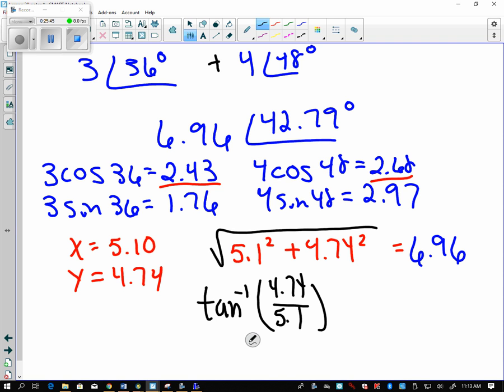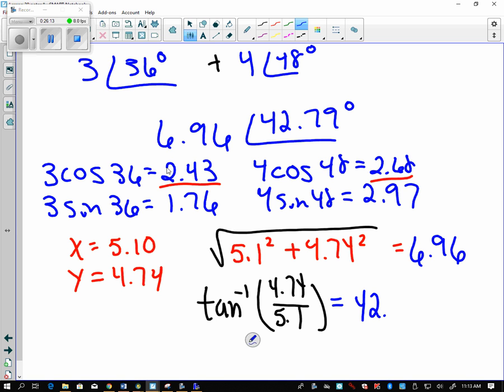Okay, and if it helps, what you could do up here is do sine on the top row, cosine on the bottom row. That way, it's not nearly as confusing when I get down here and think about tangent as sine over cosine, right? So you should have gotten for your degree 42.79.